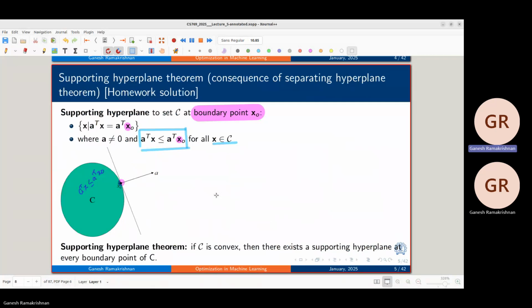The only catch is x naught itself may not be in C because C may be an open set, right? So what will you have to do? You'll have to make a small adjustment here. X naught could be in C or the boundary of C, right?